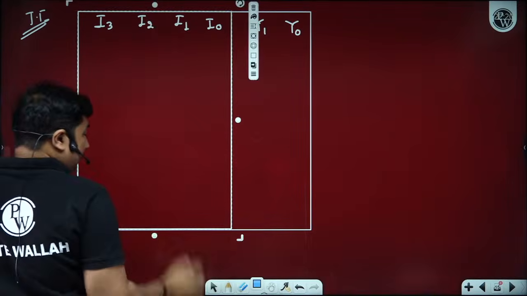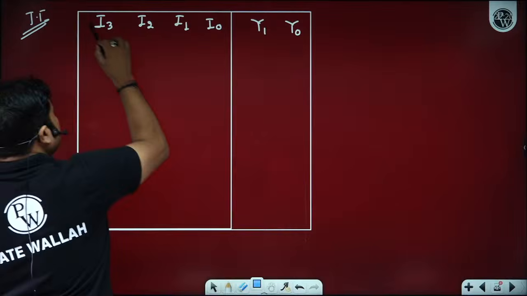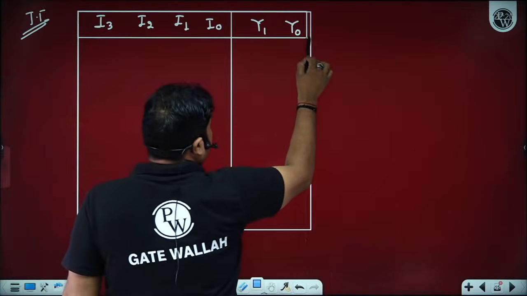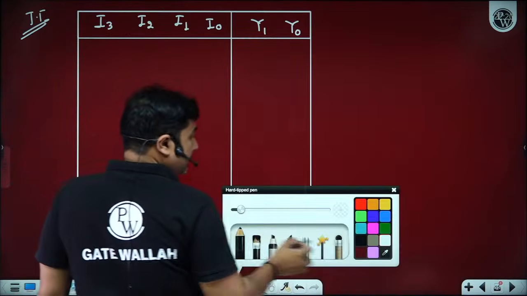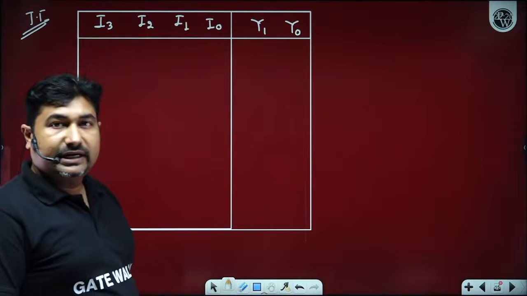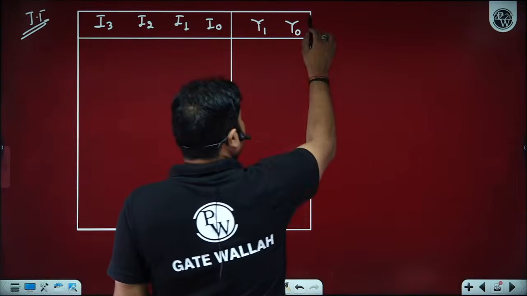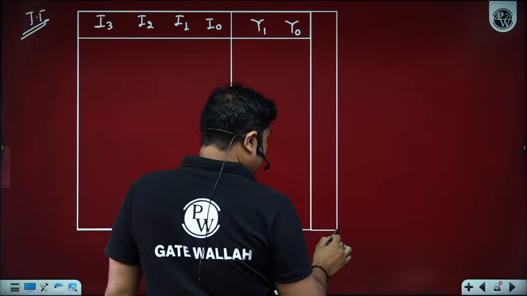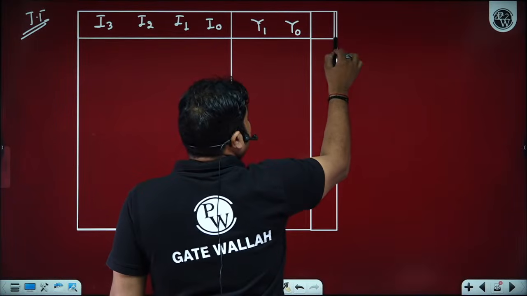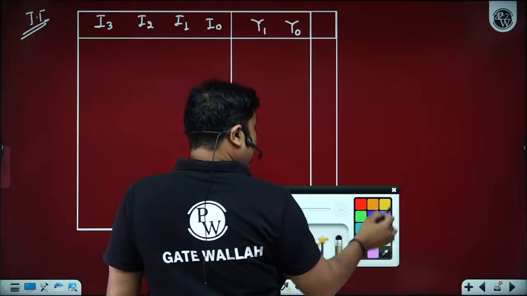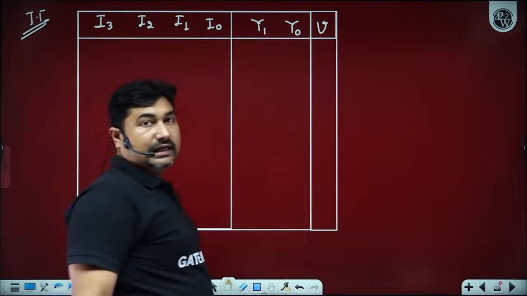Because in priority encoder, we all know if the higher priority is high, then we will get output corresponding to that particular input pin only. We have one valid output indicator as well.